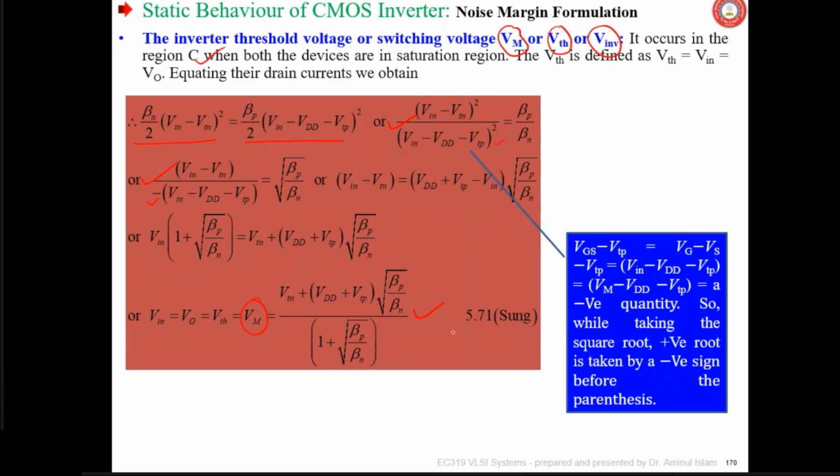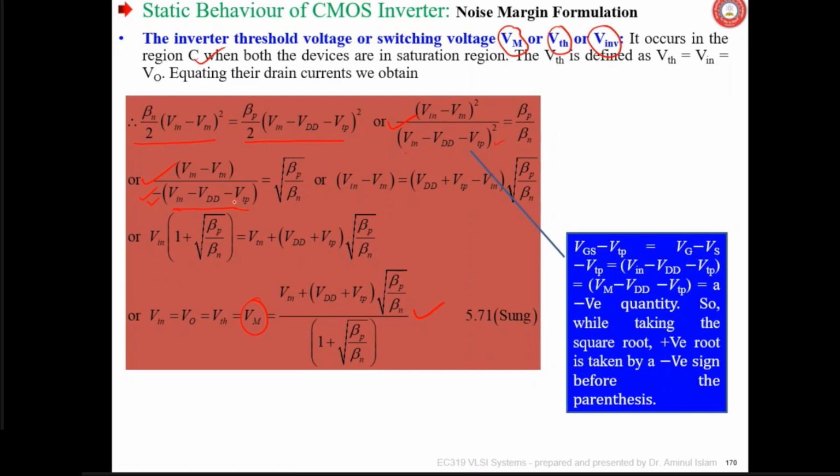Why? Sir, after taking the root, it can be plus or minus. So this internal thing is a negative quantity. Do you understand why it is a negative quantity? So to take the positive root, you have put a minus sign here. First of all, you have to understand that this inside the parenthesis is a negative quantity.